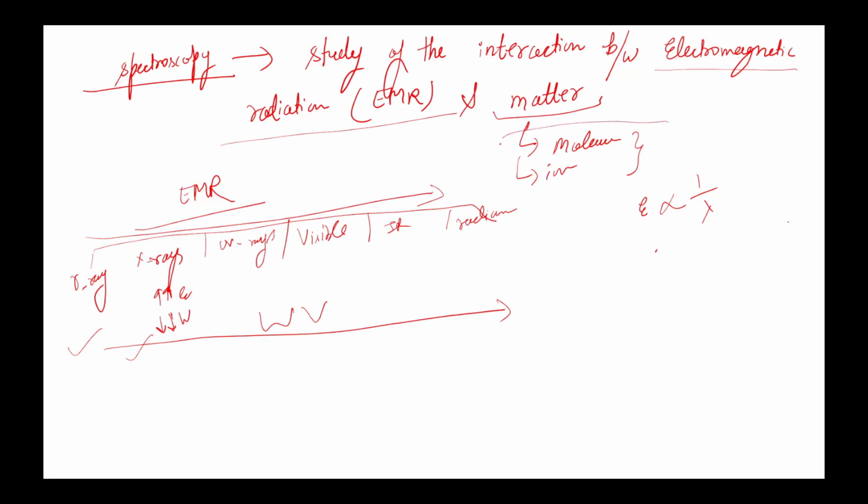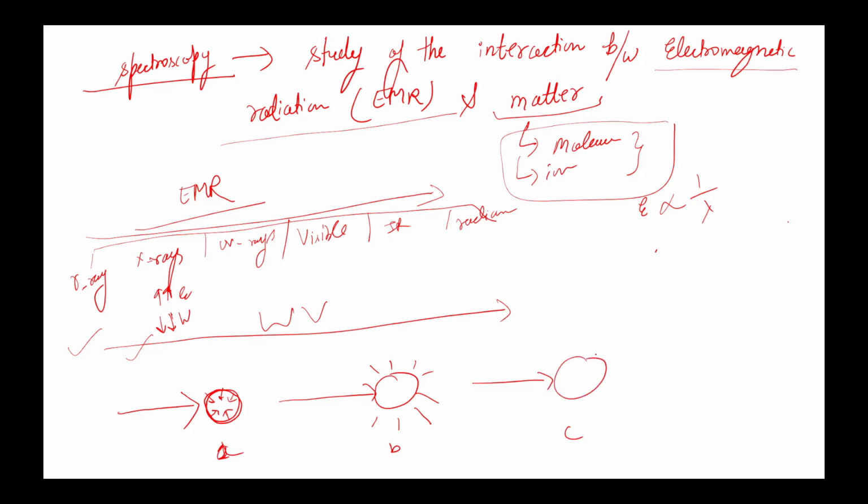When this electromagnetic radiation passes through a molecule, A, it can absorb the light, B, it can emit the light, or C, it can scatter the light.